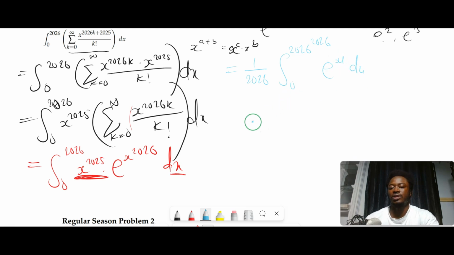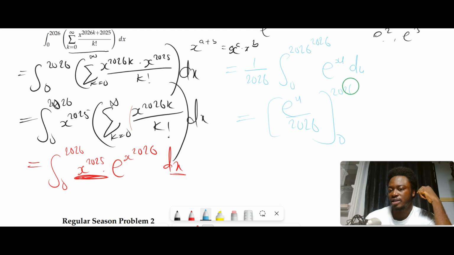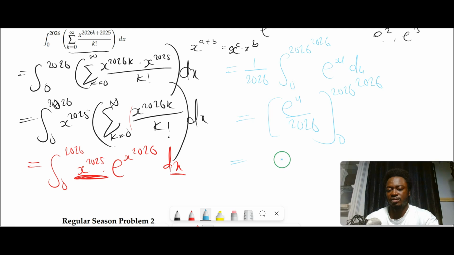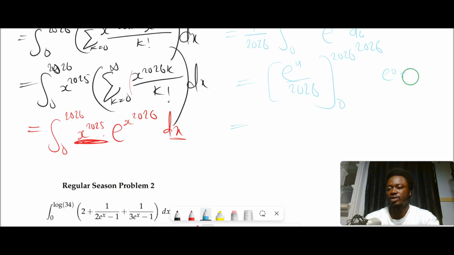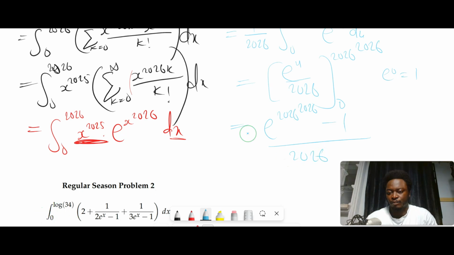So that would be e to the u divided by 2026, where u runs from 0 to 2026 to the power of 2026. e to the 0 is 1. So you have e to the power of 2026 to the power of 2026 minus 1, divided by 2026. And that is our answer, which is the correct answer also. So that number 1 is done.